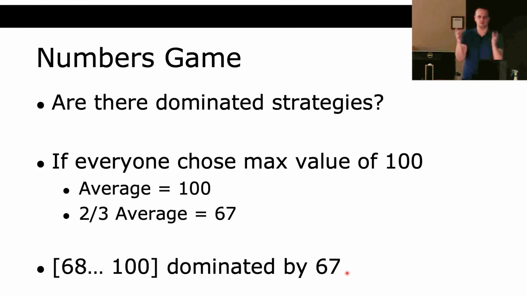See how that works? In the worst case, the average is 67, so two-thirds of the average is 67. Anyone who chooses higher than that is going to be further away from the real two-thirds of the average than anyone who chose 67.